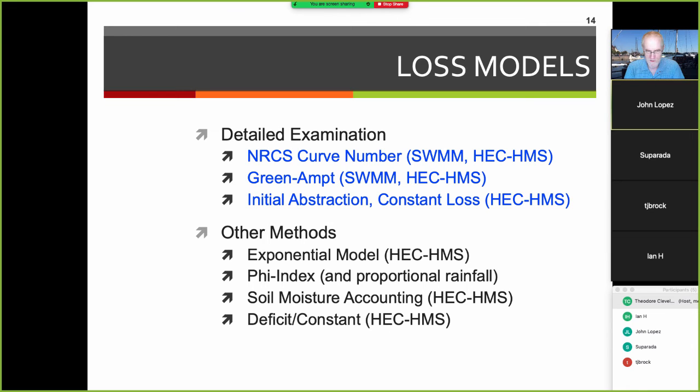Some other methods, one is called the exponential model, which is in HEC-HMS. The exponential model was essentially the Hortonian model that had the initial infiltration rate and the asymptotic rate. There's a technique called the phi index or proportional rainfall.